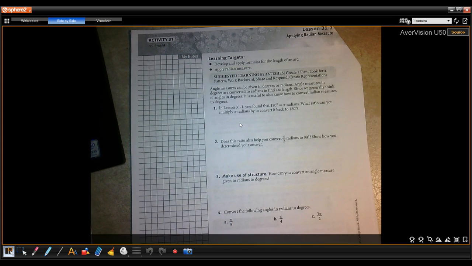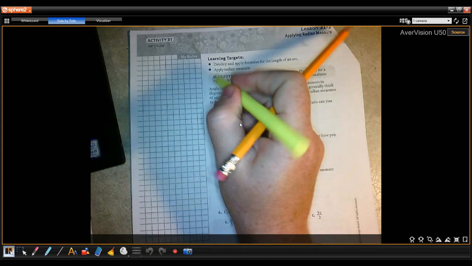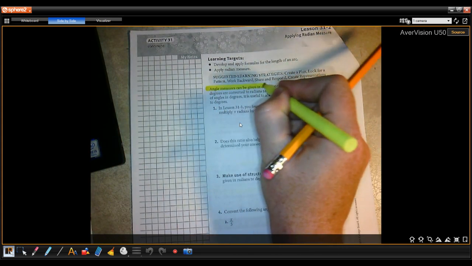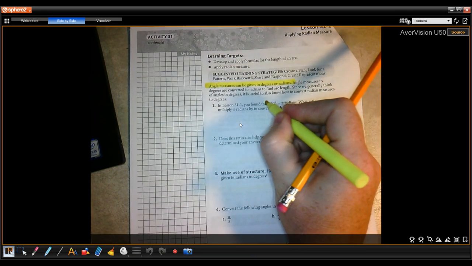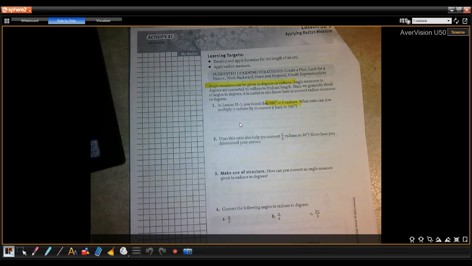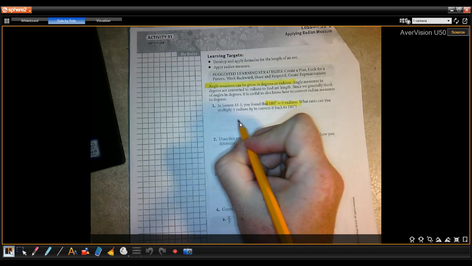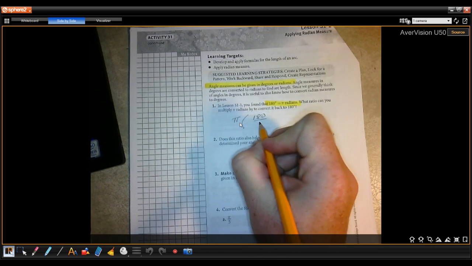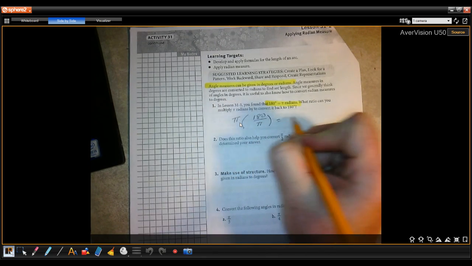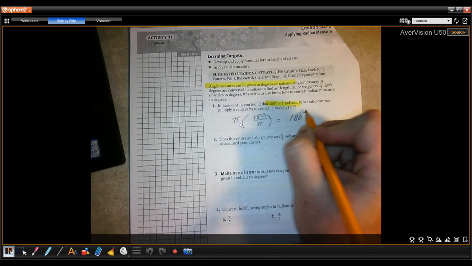Okay, it says angle measures can be given in degrees or radians. So I've kind of already talked about all this, which we just reviewed. Okay, so in the lesson you found that 180 degrees equals pi radians, so important. What ratio do you multiply radians by? So we said if you're given pi, you multiply by 180 over pi, which would give you 180 degrees, which makes sense.